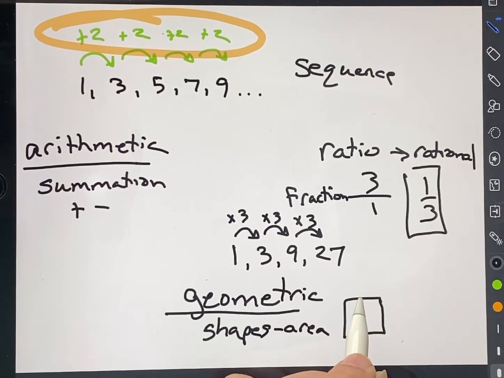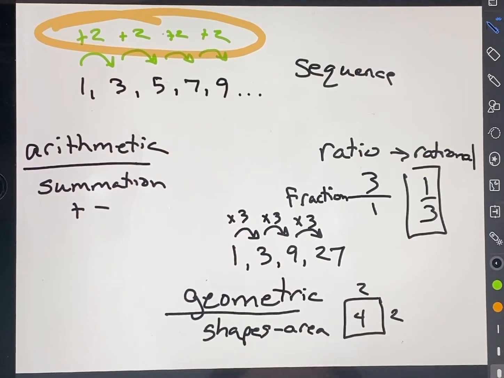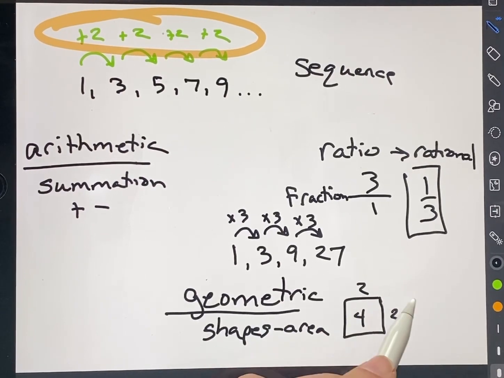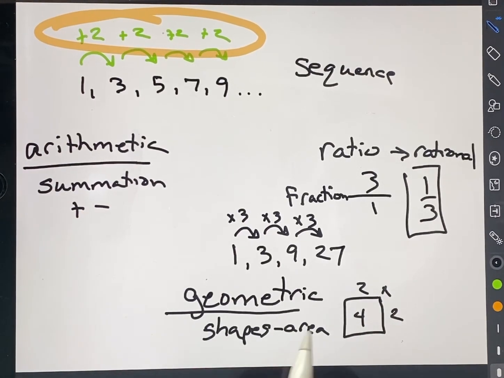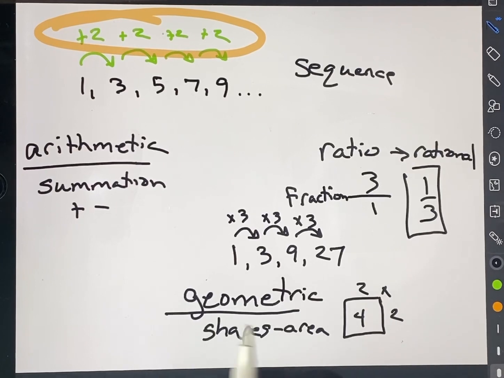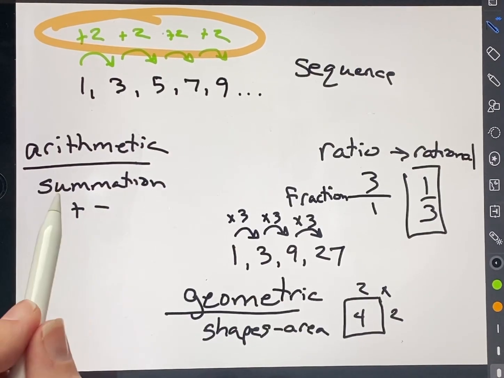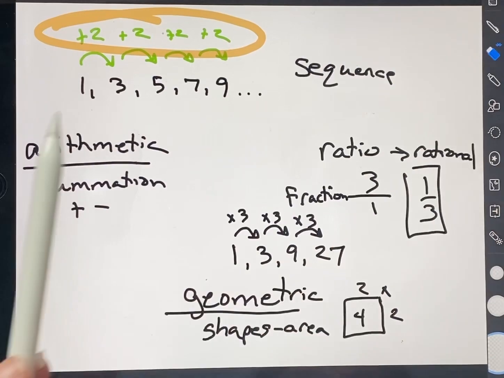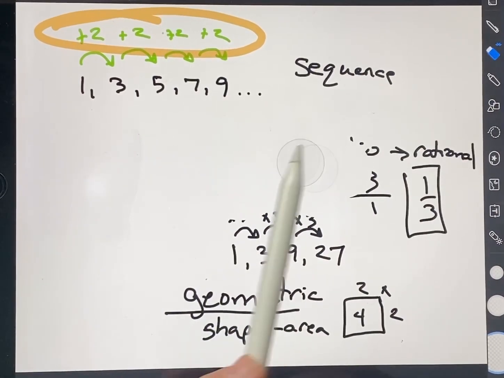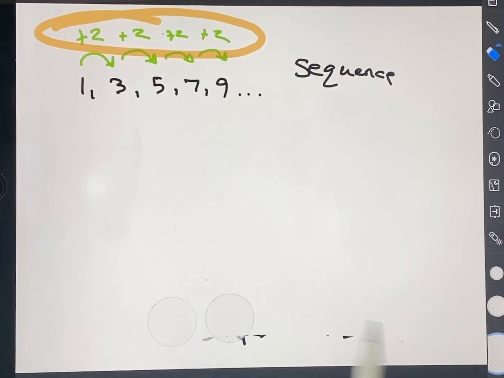Area is found by multiplying, say 2 and 2, and we'd have an area of 4. Geometry is found with our area of multiplying sides. So anytime we have something that has to deal with multiplication and division, we are going to say this would be a part of geometry, so it's geometric. If it's just addition and subtraction, it's a summation, so it is an arithmetic sequence.